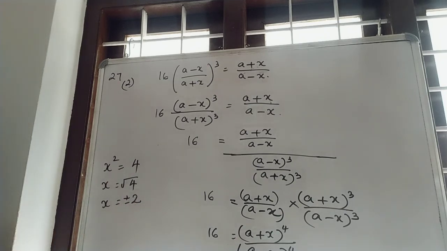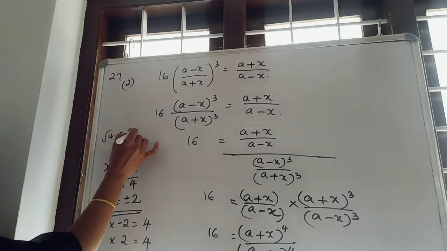Why? Because negative 2 into negative 2 is positive 4 and positive 2 into positive 2 is positive 4. In lower classes we didn't study about the integers, so we are not writing negative 2. There we are writing root 4 is equal to 2 only.